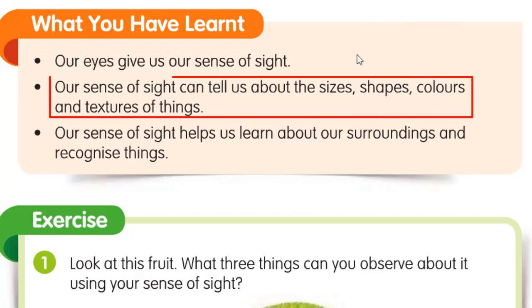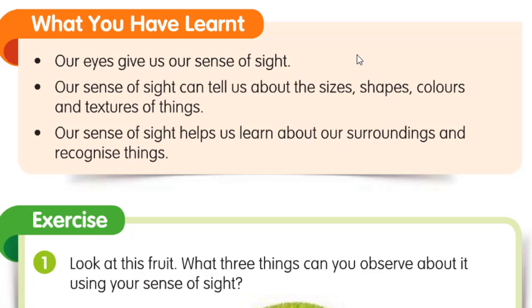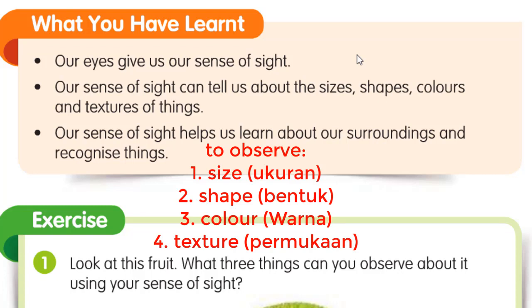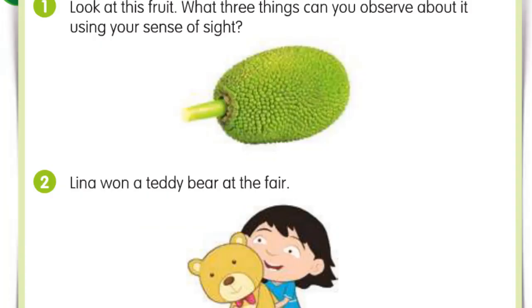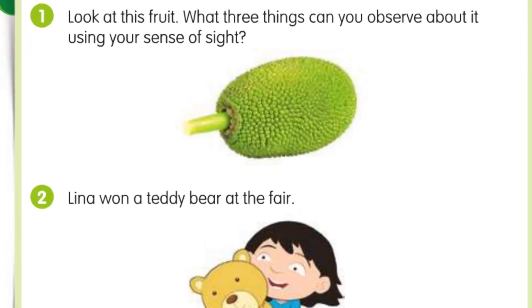Yang kedua, our sense of sight can tell us about the sizes, shapes, colors, and textures of things. Jadi ini yang sudah kita pelajari tadi ada 4 ya. To observe, ada tadi untuk mengamati, sizes, shapes, colors, and textures. Ada ukuran, bentuk, warna, dan juga permukaannya. Now we move to the exercise.